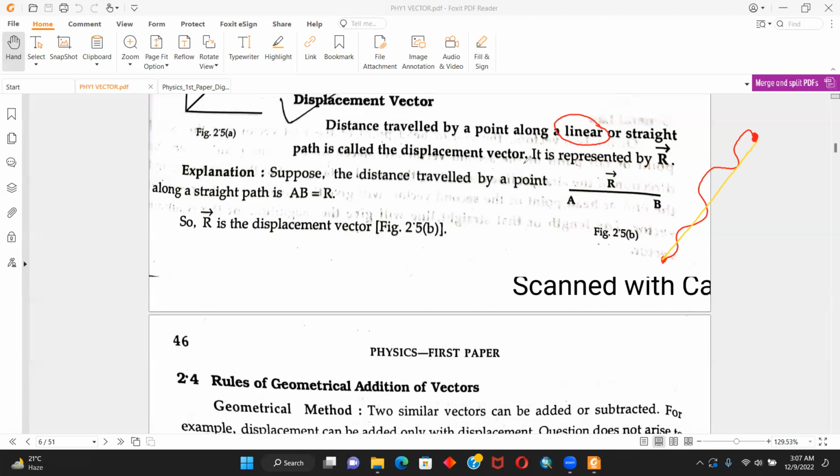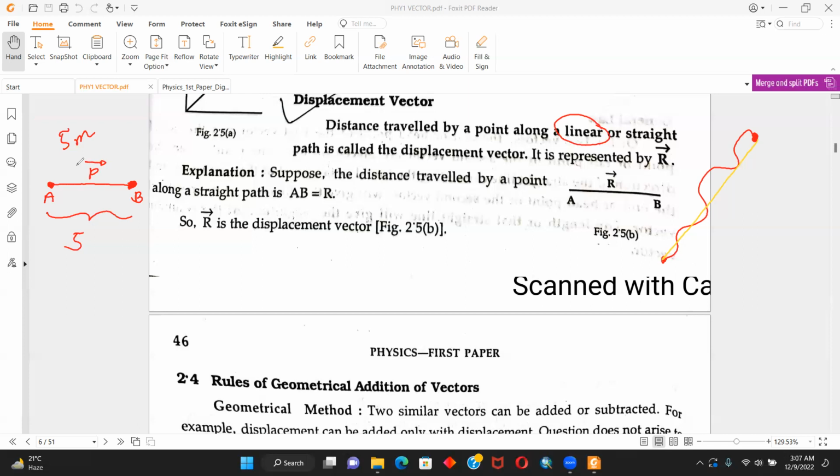Say, for instance, 5 meters. This is the starting point, the A point, and this is the B point. We are calling this 5 meter distance, in the direction from A to B, say the P vector.